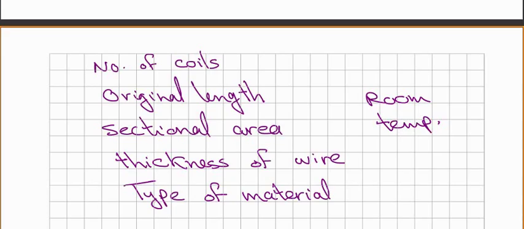All these factors affect the behavior of a spring or the extension in a spring.